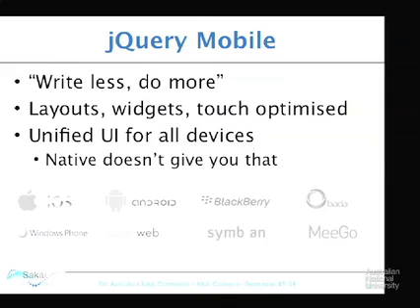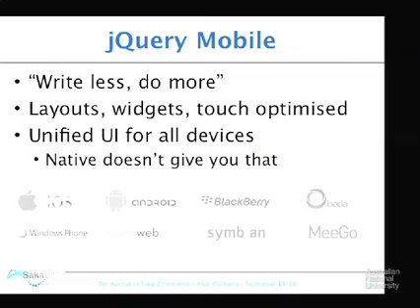And most of all, it's touch optimized. So the buttons are designed to be the correct size according to the Apple Human Interface Guidelines. They need to be a certain size for you to actually be able to click them. And it's also got transitions for things like swiping and for things flipping in and out, just like a native mobile application would do.